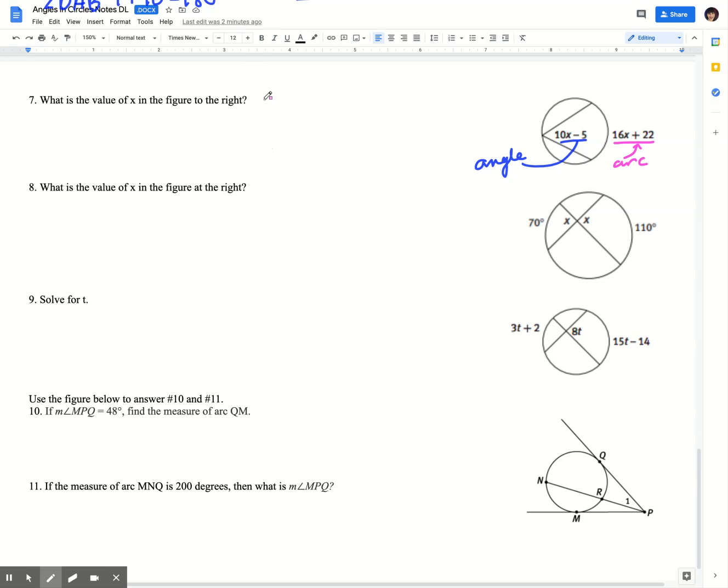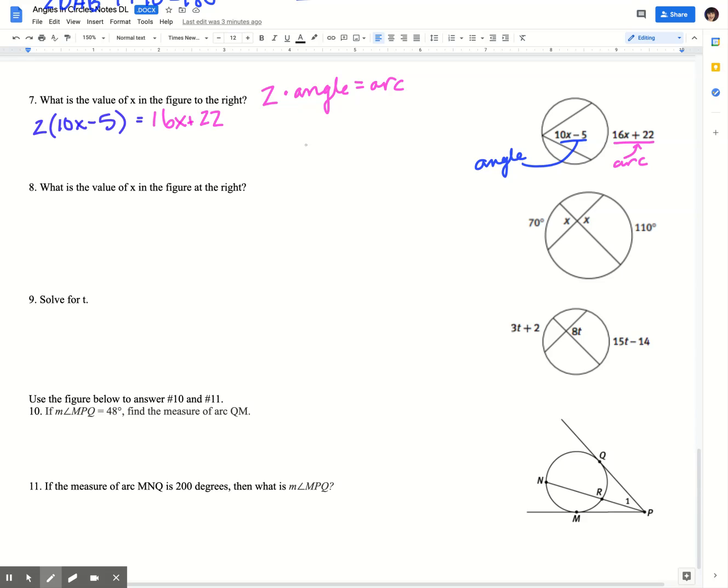The rule for inscribed angles is 2 times the angle equals the arc. So I'm going to plug the information from my image directly into this equation. So I have 2 times my angle, and my angle is 10x minus 5, has to equal the arc, and the arc is 16x plus 22.